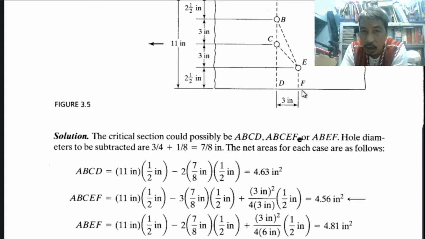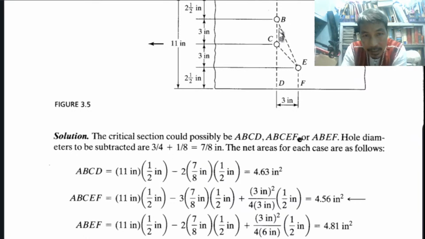ABEF. How many holes? There are 2 holes here. So therefore, it is similar to this one. Multiply by the thickness and minus 2 holes. This is the same. But we need to add what?